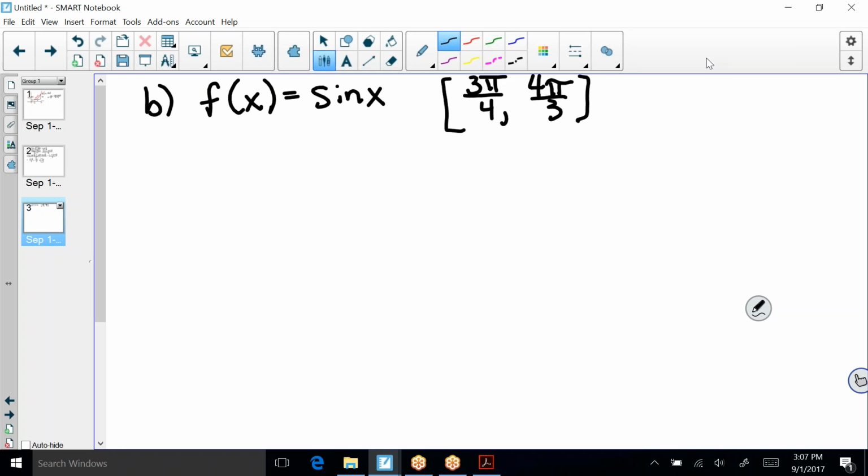All right, we're going to do the same thing that we did before. We're going to find the slope of that secant line between those two values of x.